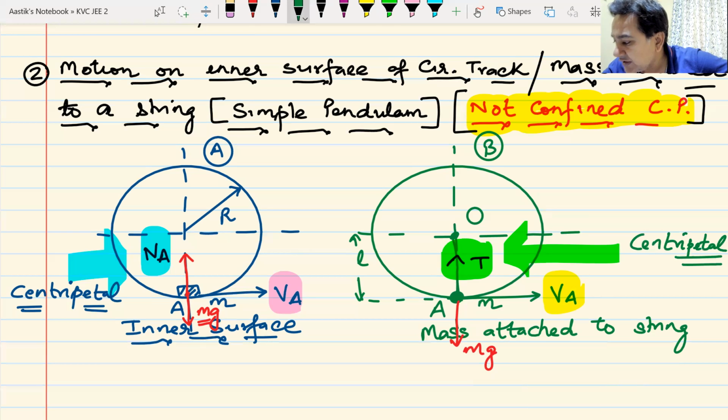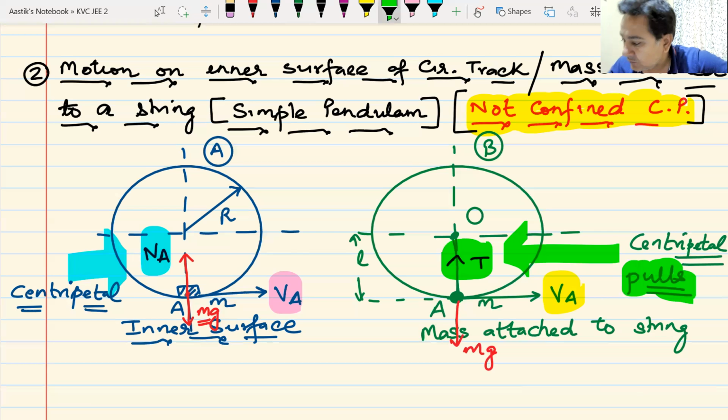So tension gives it the centripetal force, and because of this centripetal force, this body is going to move. Also remember that tension always pulls, so this is pulling it up. Remember, this block is being pulled up by the string, but here on this side, it is pushed up.